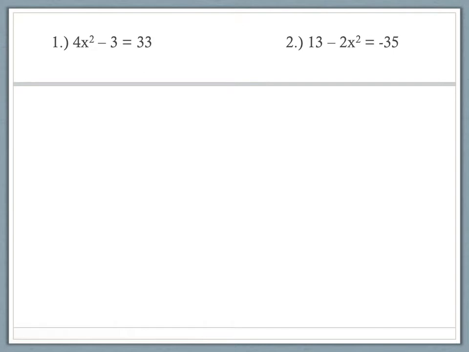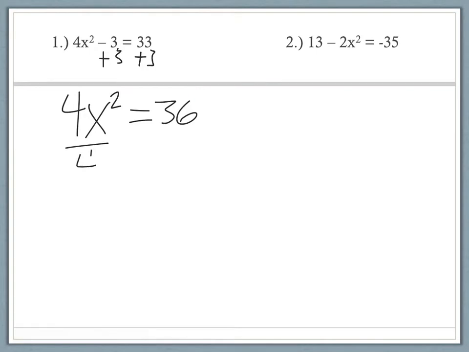For this first one, I need to make sure that the x squared is by itself. So the first thing that I'm going to do is add 3 to both sides. So I'm going to have 4x squared equals 36. Divide both sides by 4 because I need to get x squared by itself. So x squared equals 9.